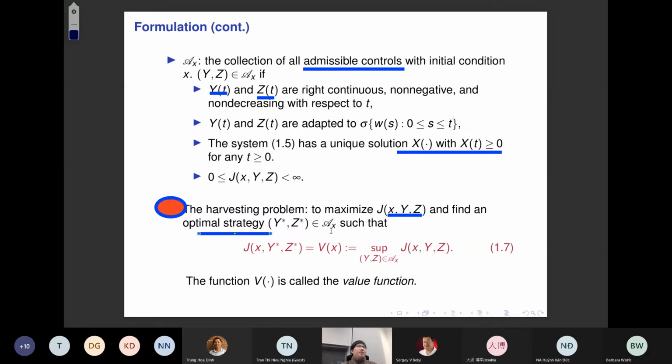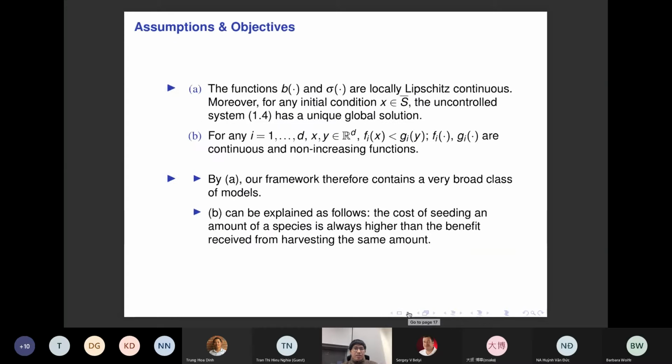So this is the problem we are working on. We require some assumptions. B and sigma are locally Lipschitz continuous, so that the system has a unique global solution. And for the price, we require that the price is smaller than the cost.